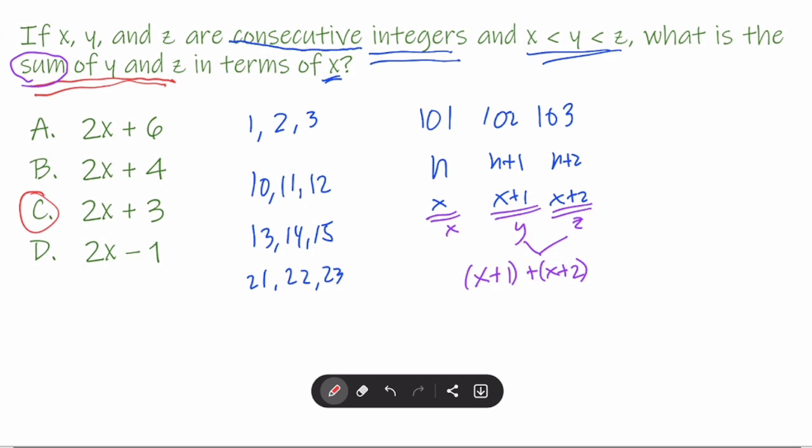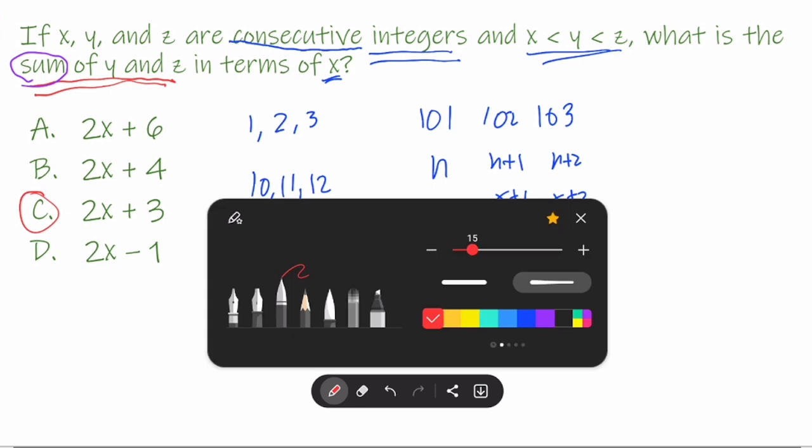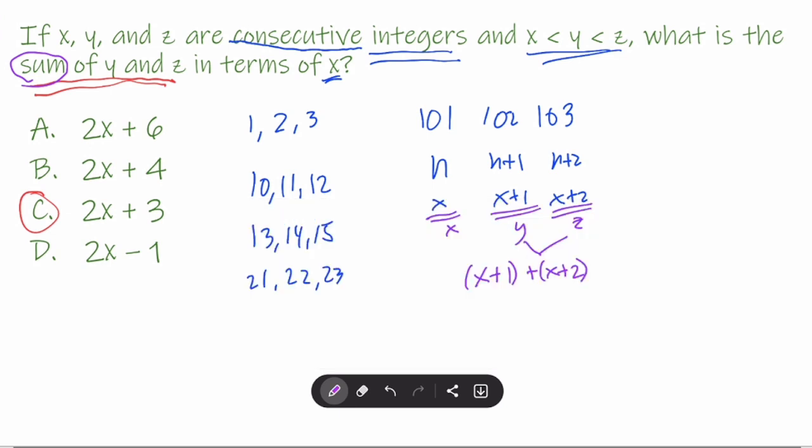So x plus 1 plus x plus 2. You can remove the parentheses so that it's easier for us to combine terms, because it's the same with the parentheses since it's all plus.